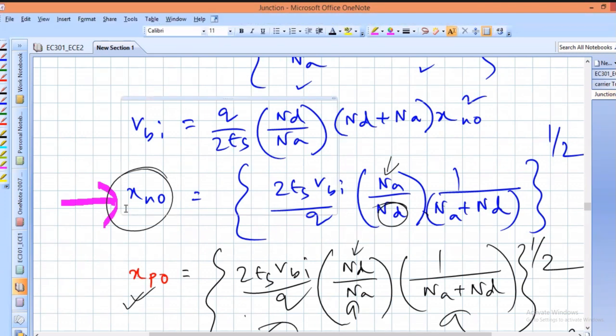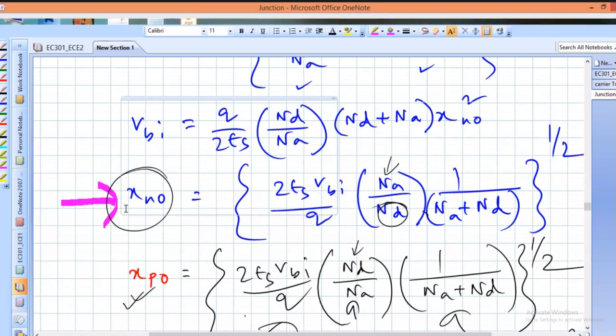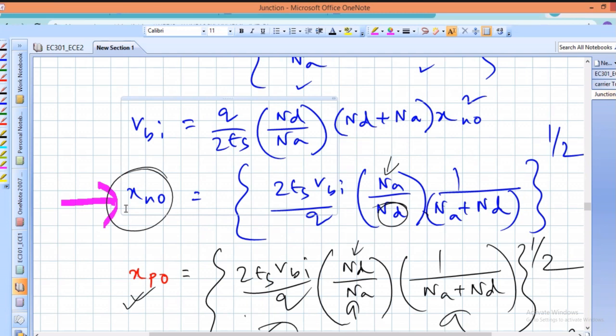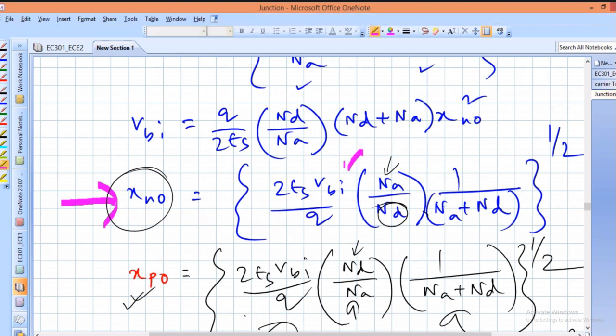But whenever we consider depletion capacitance, we consider that the PN junction is subjected to reverse bias. So we need to modify the equation. Where should the modification be? Here. The net potential will be phi bi plus VR.